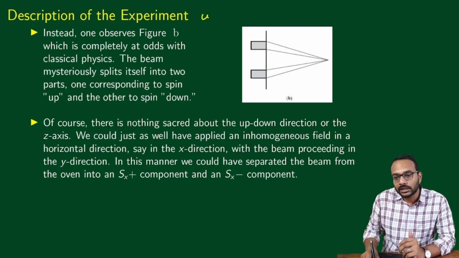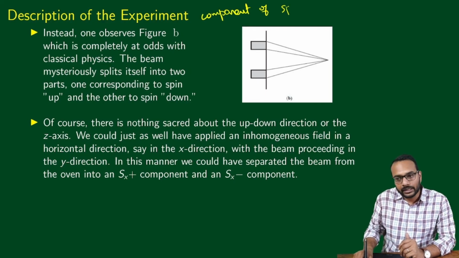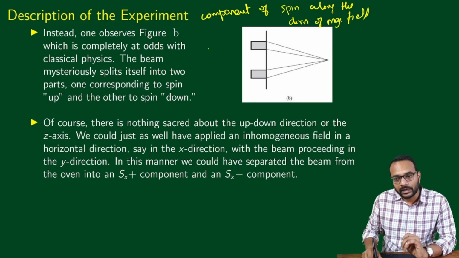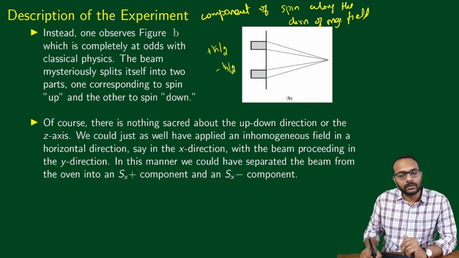So we are talking about the component of spin, the projection of spin vector, along the direction of magnetic field. This component has only two possible values, either plus h cross divided by 2 or minus h cross divided by 2.